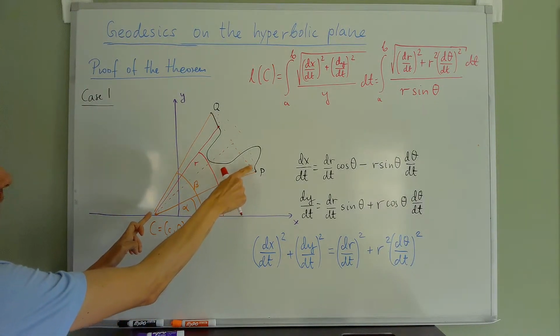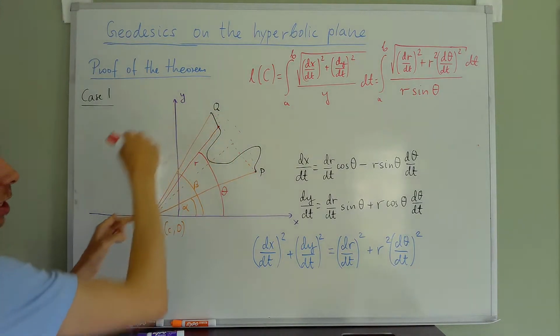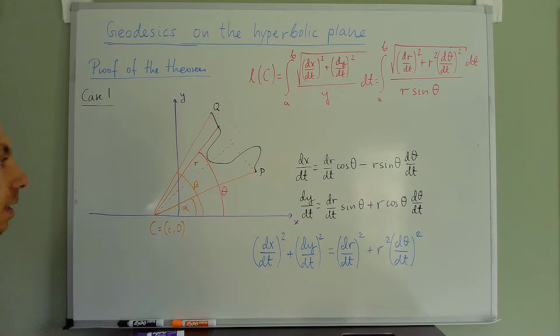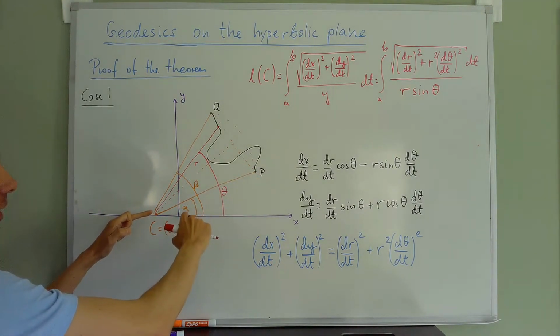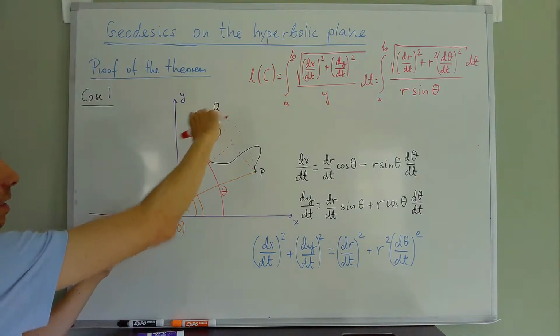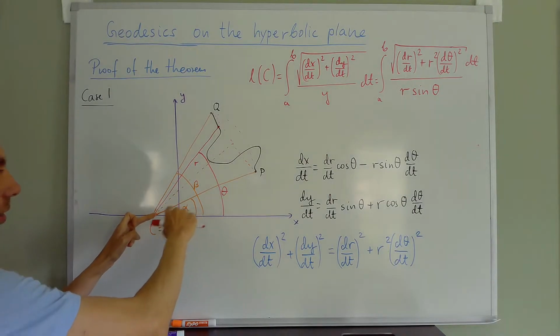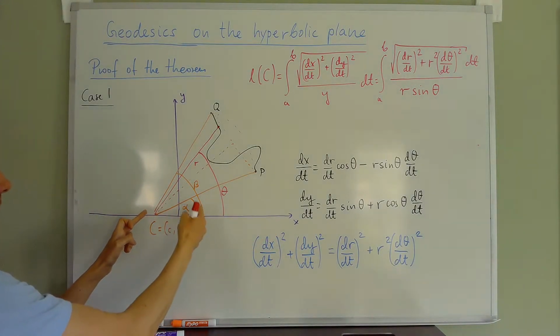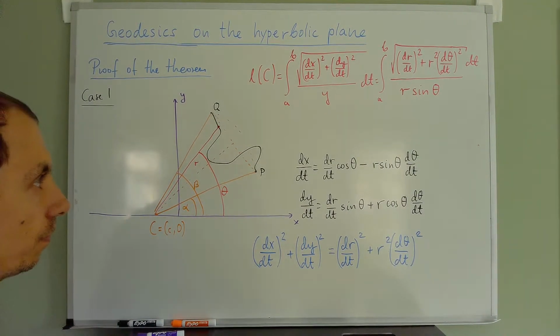So as you move along the curve, you see that the r and the theta change. They are functions of t. And the initial value of theta is alpha, and the final value of theta is beta, because alpha is the angle that this ray forms with the x-axis, and beta is the angle that the CQ forms with the x-axis.